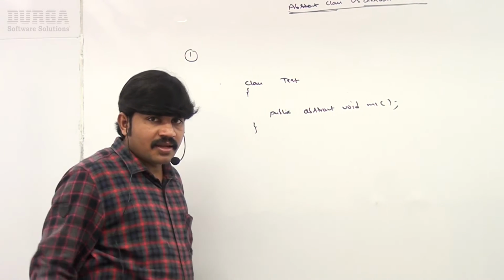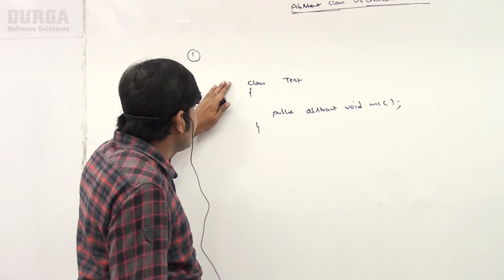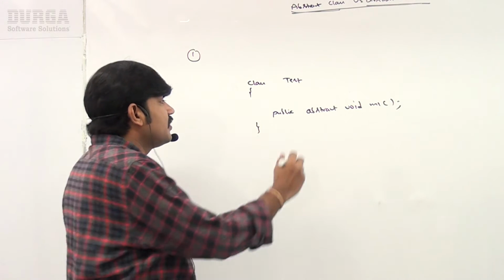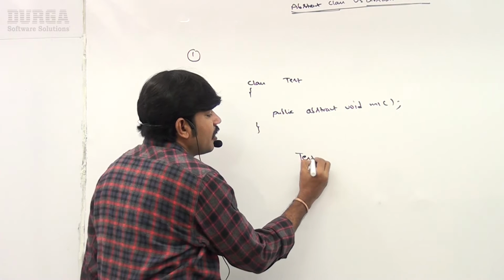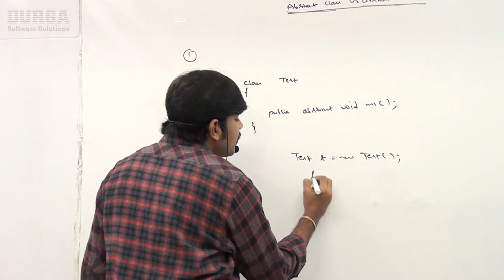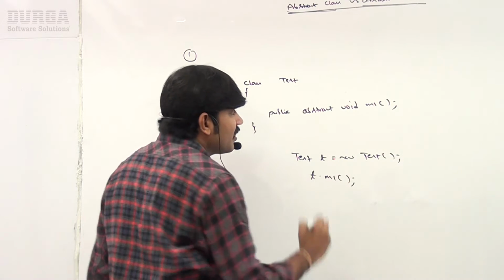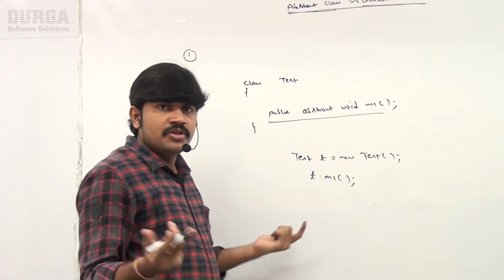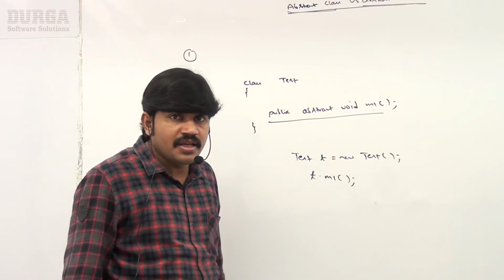Because if I'm not taking this class as abstract, then any person can create an object for this: Test t = new Test(); t.m1(). He may call m1. If he is calling m1, which response are you going to provide? Sorry, this method does not have any implementation.